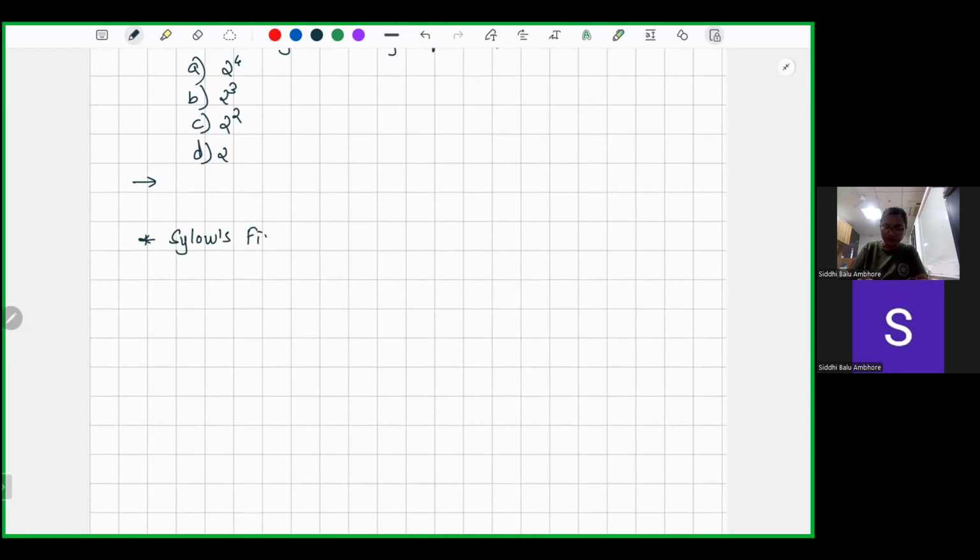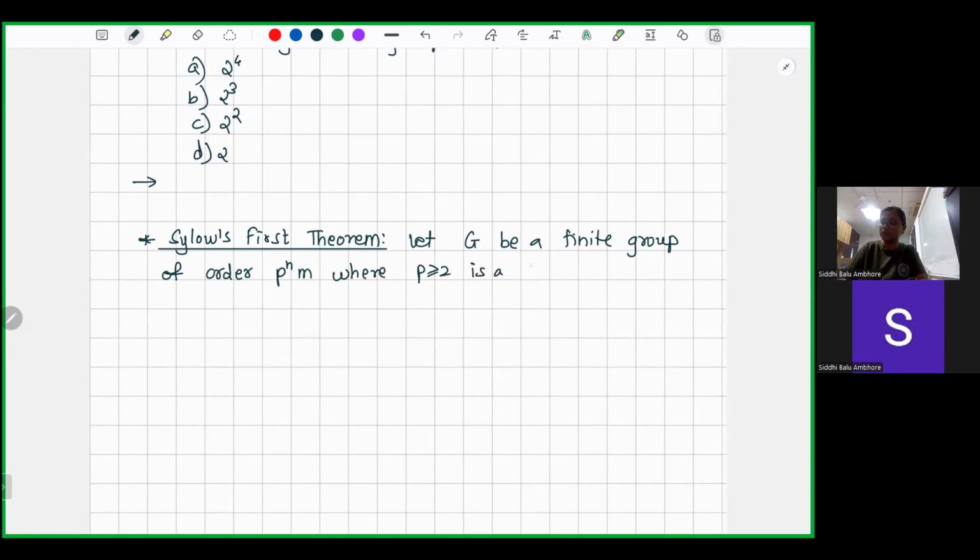Sylow's first theorem. Let G be a finite group of order p power n times m, where p greater than or equal to 2 is a prime number, and n and m are natural numbers, such that the GCD of p power n and m is 1.